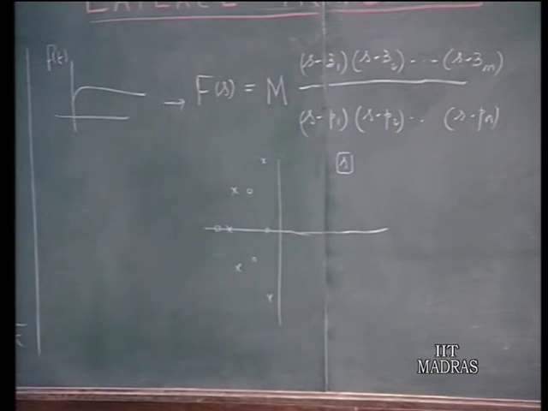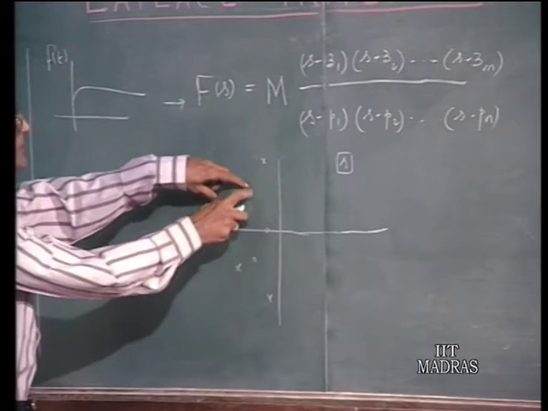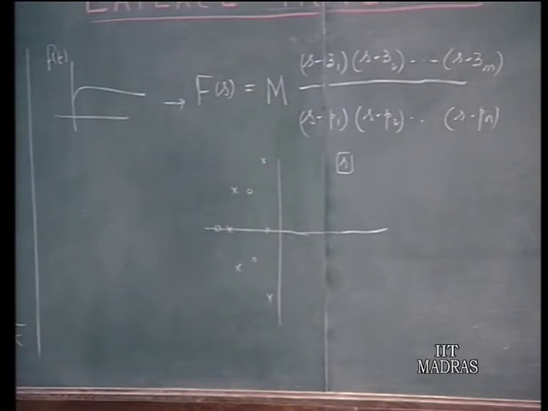And we also note that as long as the coefficients in the two polynomials are real, then any complex pole is accompanied by its conjugate, and any complex zero is accompanied by its conjugate.